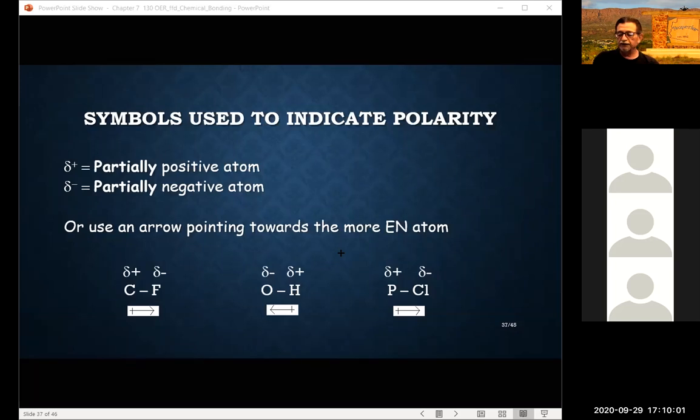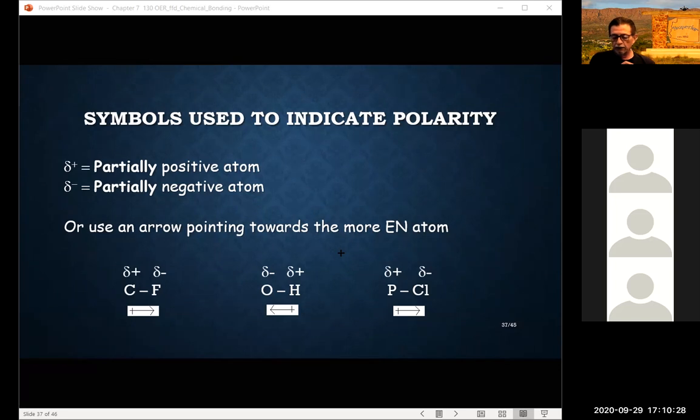If you look up the electronegativity, we know that oxygen is a lot more electronegative than hydrogen based on their position relative to fluorine. Therefore, the arrow goes from right to left, okay? Because the oxygen is pulling that electron density onto itself, more so than hydrogen is.